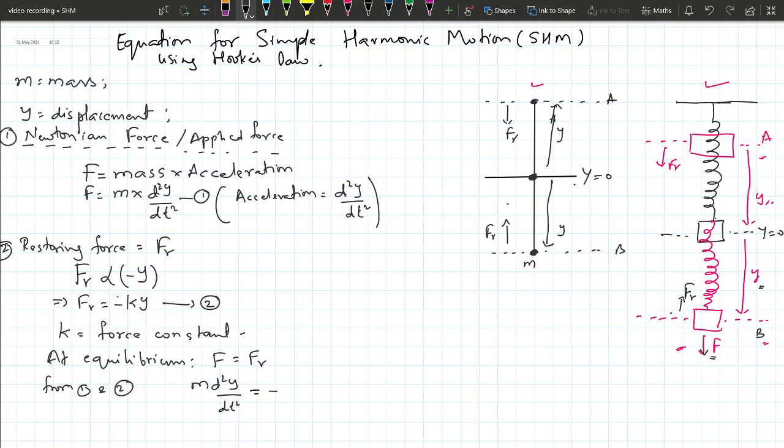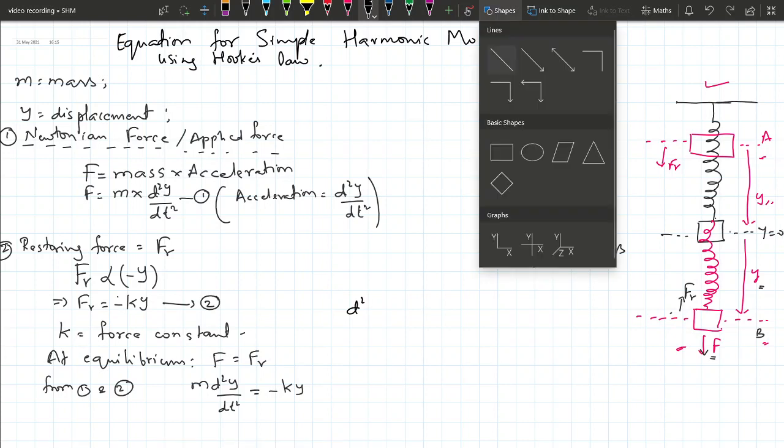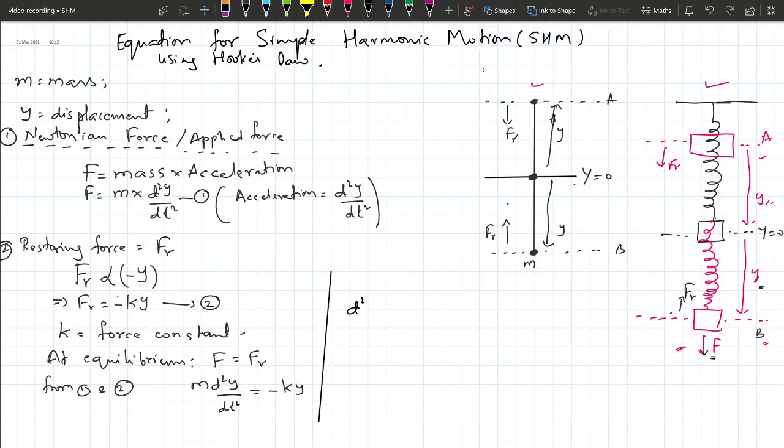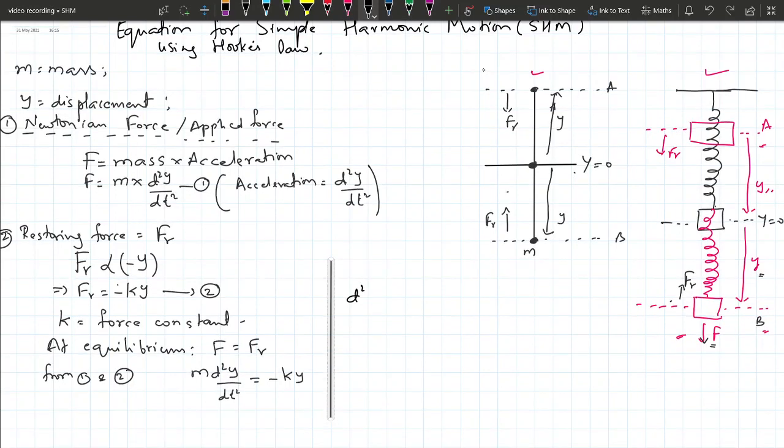that is equal to Fr. What is Fr? Fr is equal to minus of k into y. Okay, clear? So just rearrange it. On rearranging this equation, I can write it as d2y by dt square plus k by m into y is equal to 0.